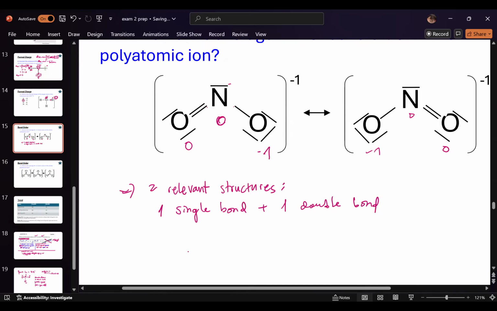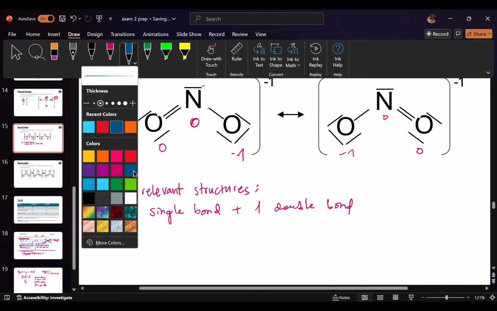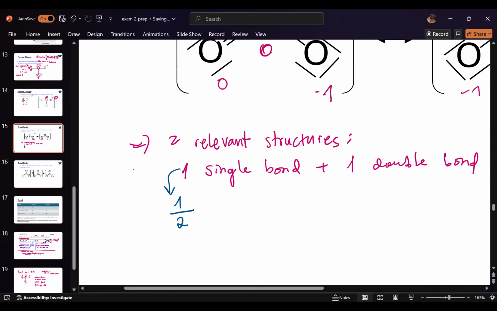Okay. So to write this better, you could do 1 over 2. Why 1 over 2? Well, for the amount that you have 1 in 2 relevant structures.